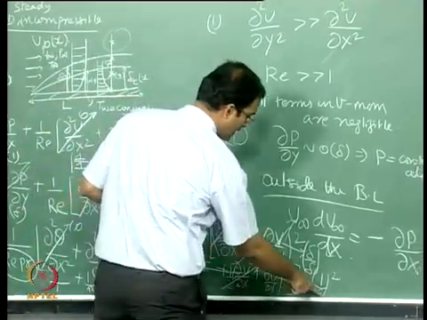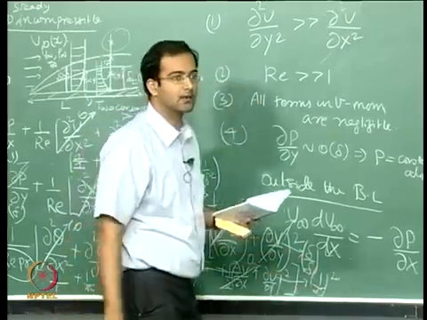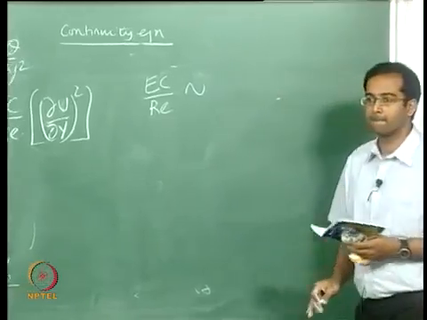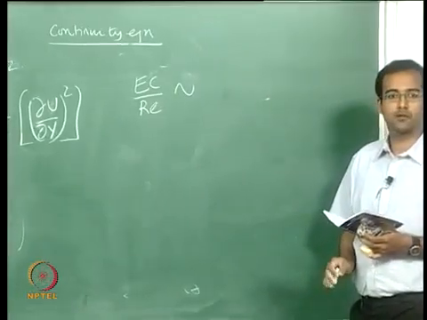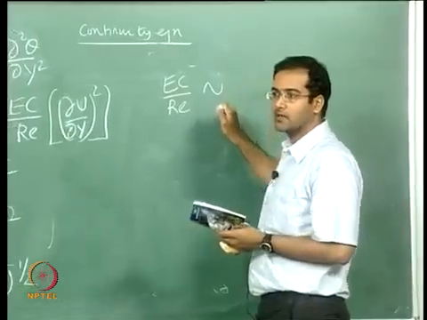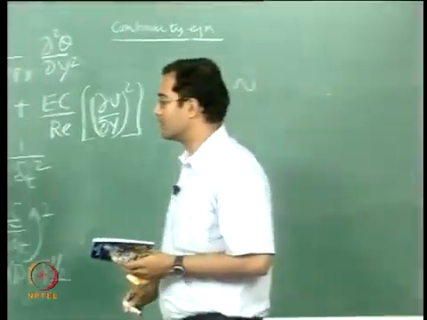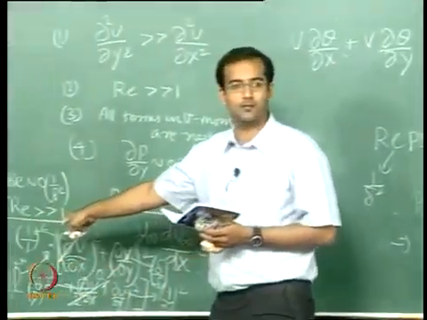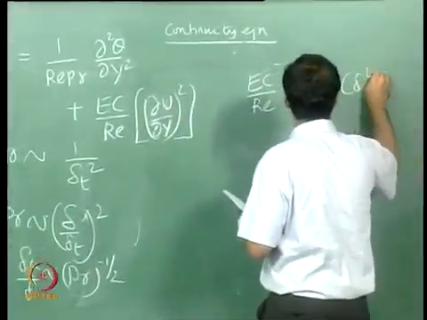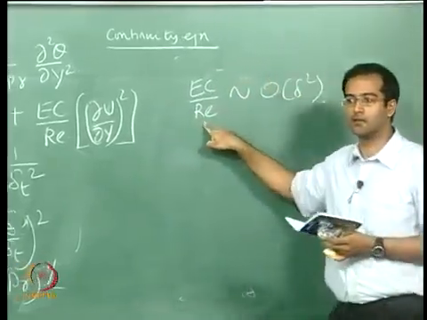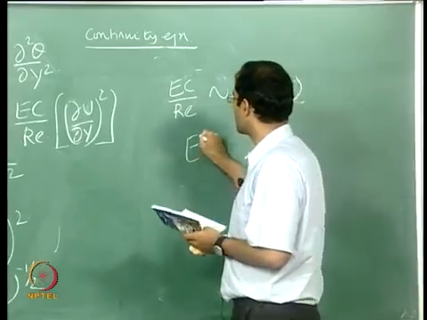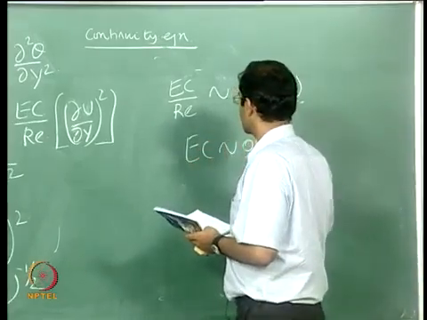So this should be of the order of delta square, not delta t square. Now Eckert number by Reynolds number, what should be the order for all the terms to be equal? Delta square, everyone agree? So we already know Reynolds number is 1 over delta square, therefore the order of Eckert number should be 1.